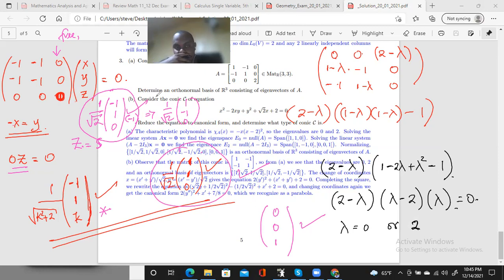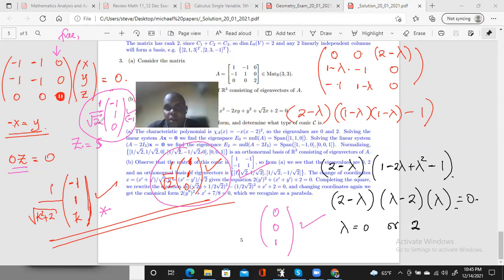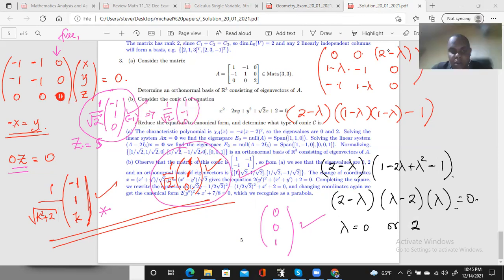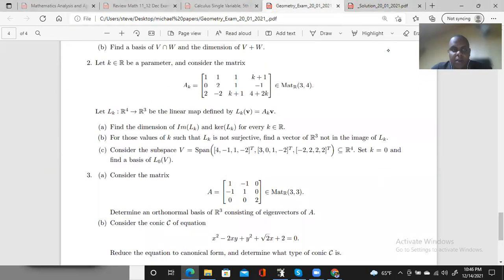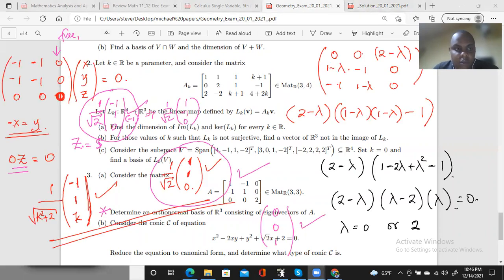Could we redo it again? Just to recap, when there's a free column or row, that means there's another basis with only the free column, which is Z. So when Z equals 0, Z could be any number.